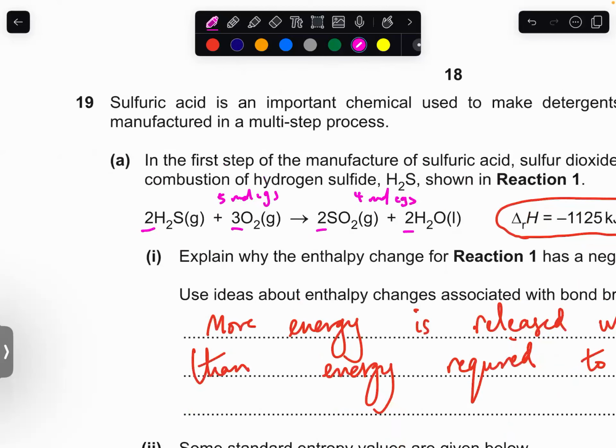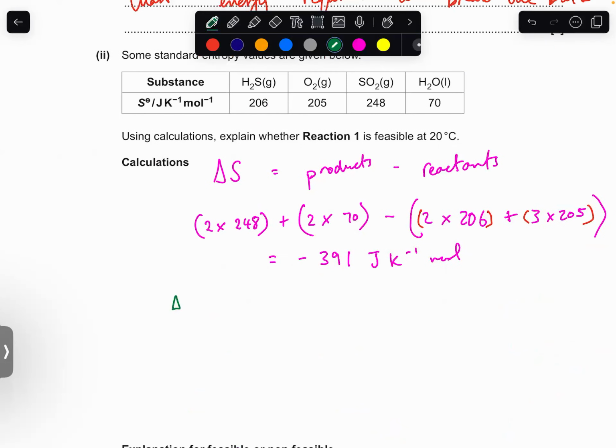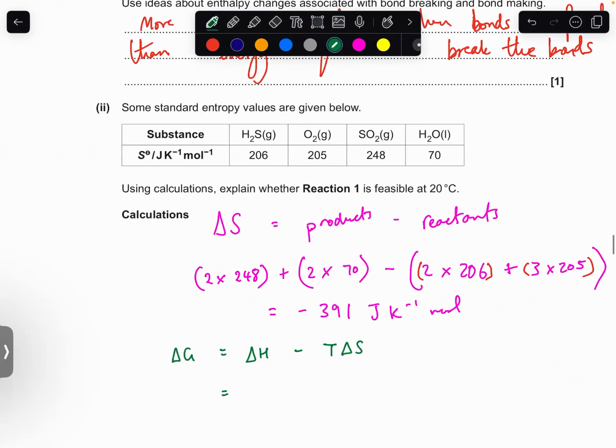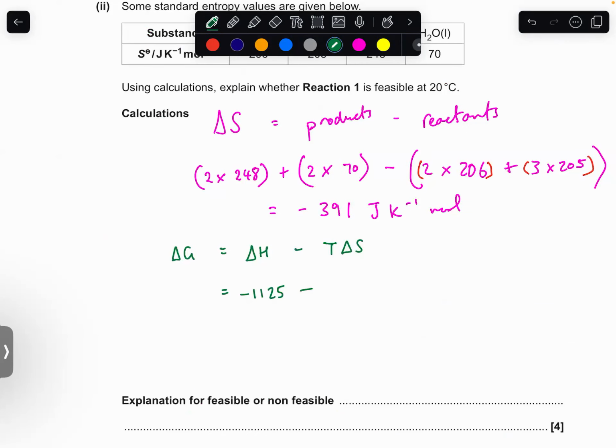Now, is this reaction feasible? We're going to use the expression delta G is equal to delta H minus T delta S. Delta G is equal to the enthalpy change of minus 1125, minus the temperature, which is 20 degrees, but let's convert that to Kelvin, multiplied by delta S, which will be minus 391 over 1000.